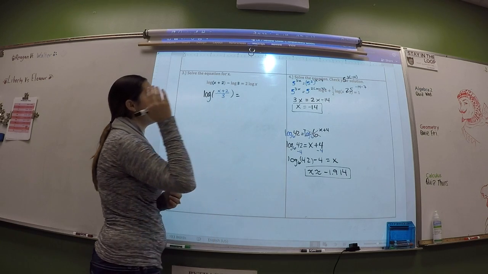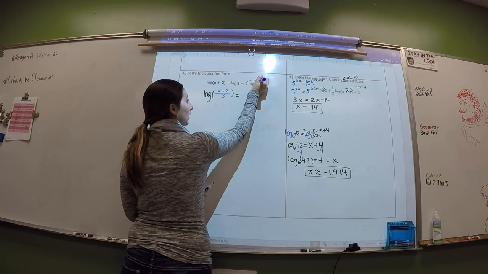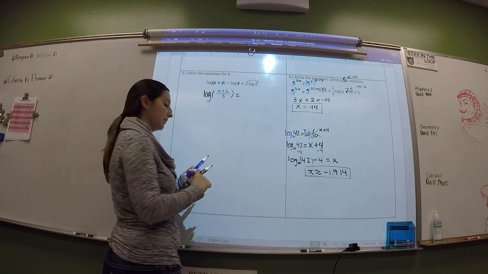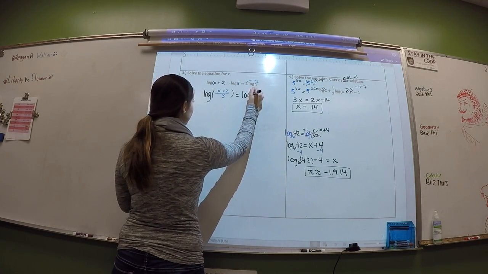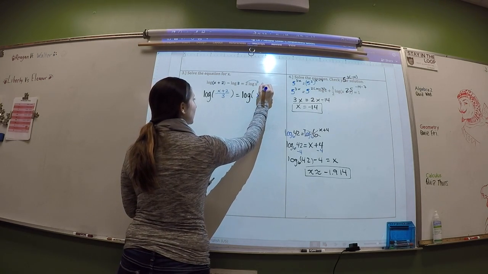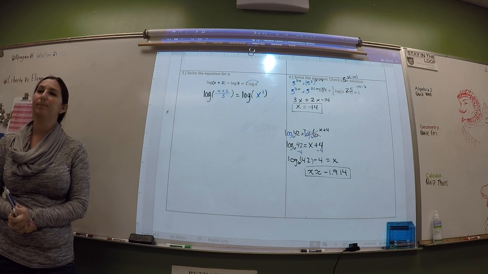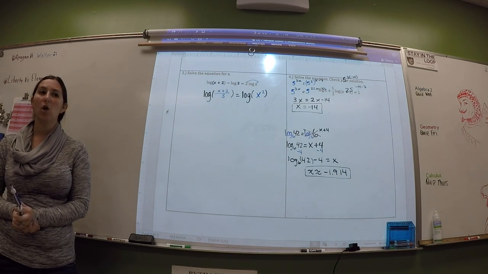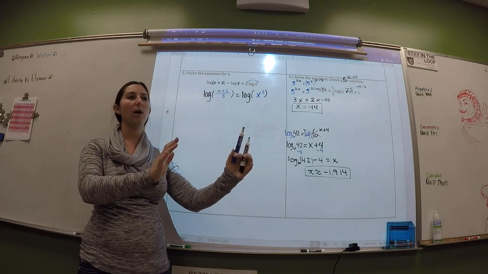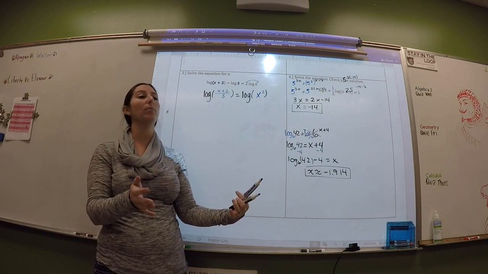Okay. Now on the right side, I'm going to turn this 2 into an exponent. So instead of 2 log x, it's going to be log x squared instead. Your goal is to get 1 log on one side, 1 log on the other, or 1 log on one side and then maybe just a number on the other.